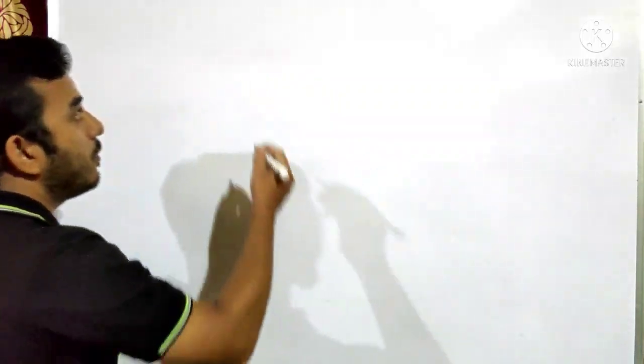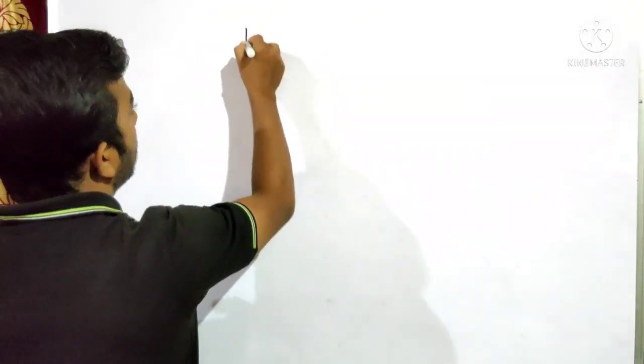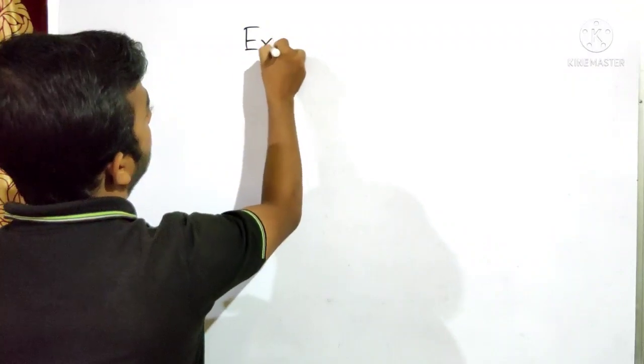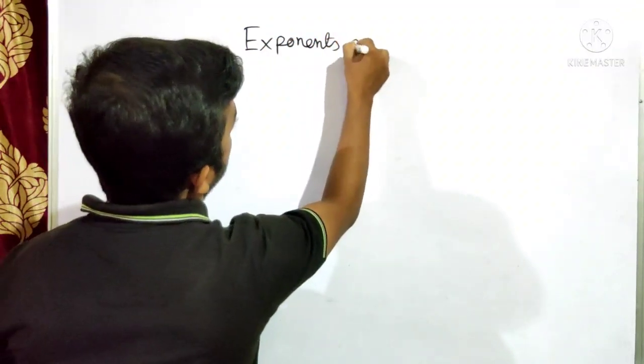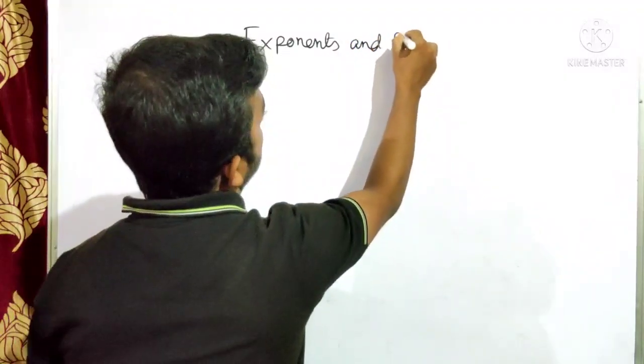So basically this exponent and power, this word came from a form of a number, isn't it? And the form of that number was exponential form. Okay, so let us know what is that exponential form. So before that, let us write the name of the chapter, that is exponents and powers.